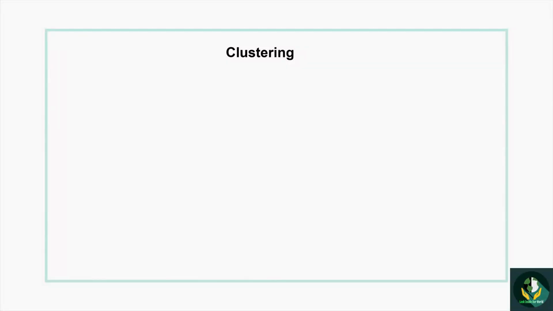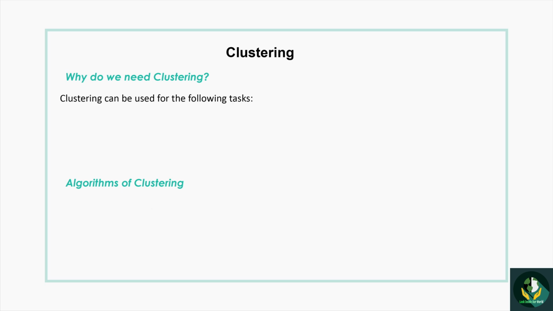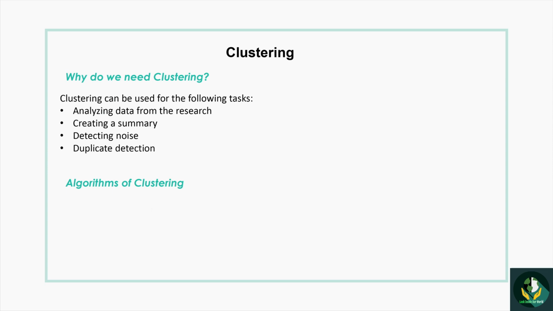In this lecture, we are going to discuss why we need clustering. And we're going to see the tasks for which we can use clustering. As we already know, clustering is used to separate the randomly available data into similar groups of data. We can use clustering for the following tasks, like analyzing data from research, creating a summary, detecting noise, duplicate detection, and so on.